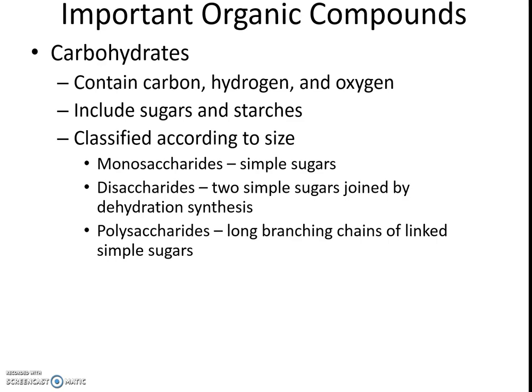Now again, these are sugars and chains of sugars, and so we basically classify the different carbohydrates by their size. The simplest being the monosaccharides, or the individual simple sugars. And then we also have things called disaccharides, meaning 2 sugars hooked together.